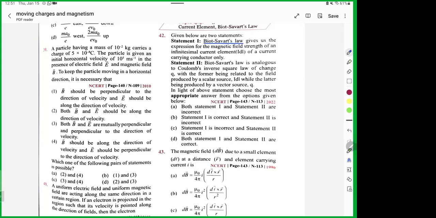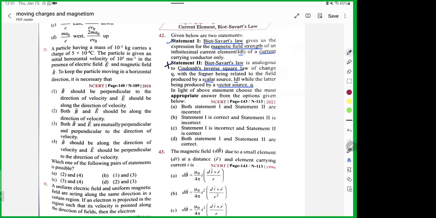Biot Savart law tells us about the magnetic field strength for an ideal element, whenever there is current. If there is no current, then there is no magnetic field. So this is correct. Second statement: Biot Savart law is analogous to Coulomb's inverse square law, where Biot Savart law is related to a vector source Id l, while Coulomb's law is produced with the scalar source Q. Correct, right?